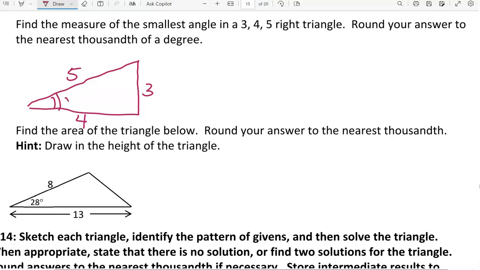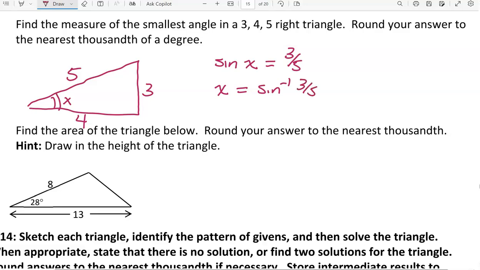So let's call that value x. Take your pick of any trig ratio, it doesn't matter which one you pick. I'm just going to pick sine. Sine of x degrees is equal to the opposite over the hypotenuse. And we solve that with a calculator by finding the inverse sine. So x is equal to the inverse sine of 3/5.